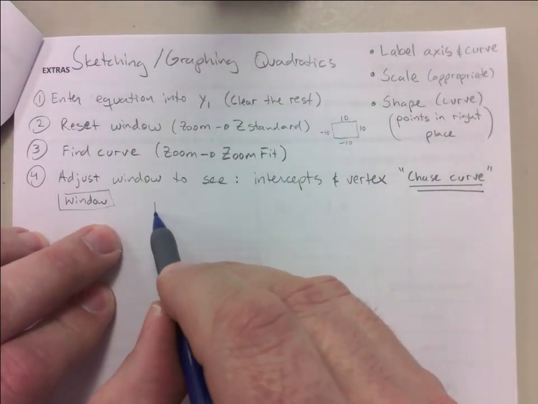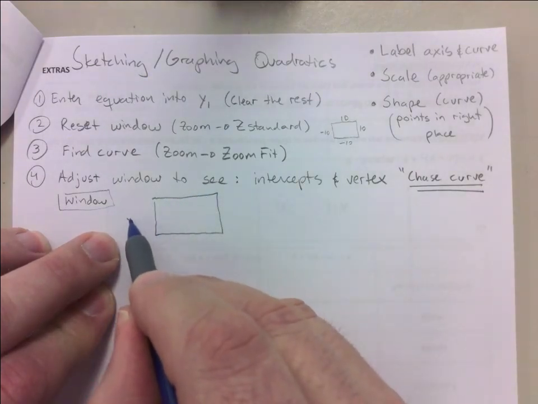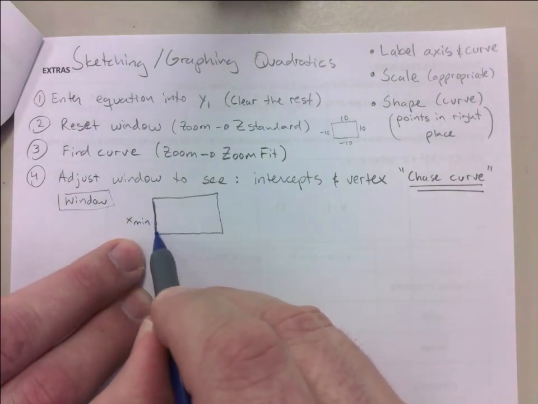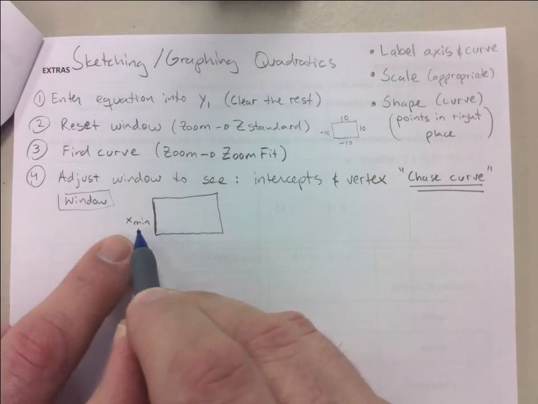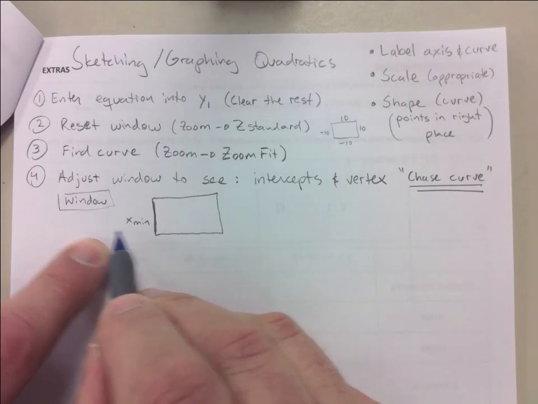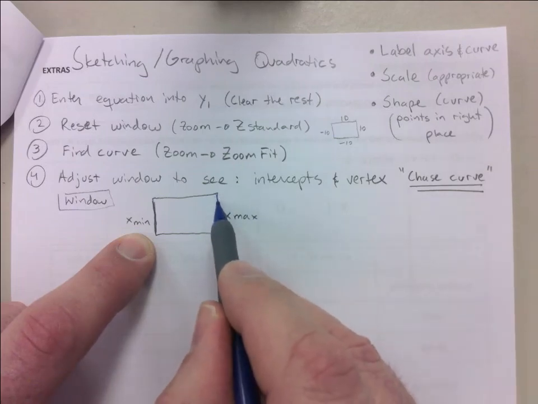So I just need you to know that this represents your X-min. Like this bar right here is your X-min. The smaller you make your X-min, the more you're going to see to the left. This boundary over here is your X-max, right?